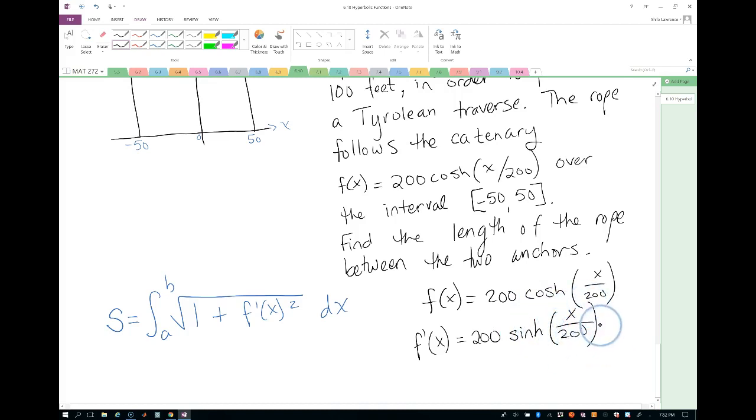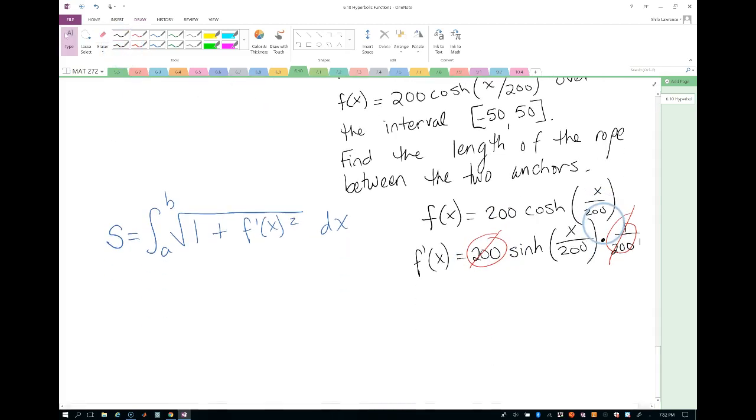But then we also need to multiply by the derivative of that angle, which is 1 over 200. And very conveniently, that 1 over 200 will cancel out with the 200 we have in the front. So we get f prime of x equals just hyperbolic sine of x over 200. So when we plug that into our formula, we're going to have to square it.